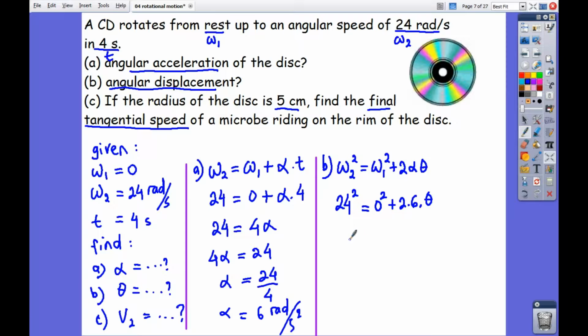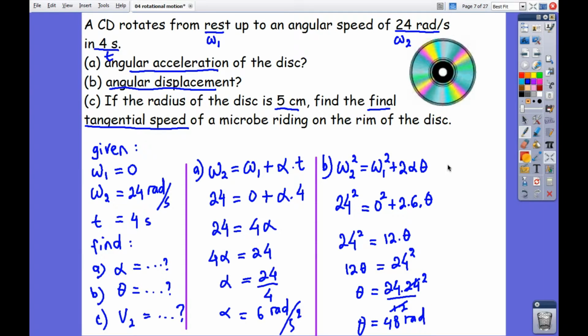So we have 24 squared equals 12 theta. I'll move this one here and this one there. We get 12 theta equals 24 squared. I would like to write it like this: 24 times 24 over 12. So we know this is 2. So the angular displacement is 48 radian.